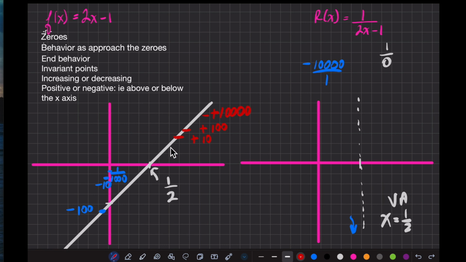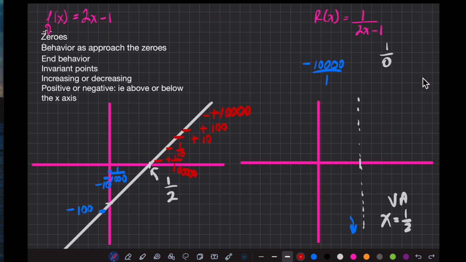So eventually we're going to get into fractions. Here it's going to be positive 1/10. Here, very, very close to 0, we're going to be at positive 1 over a huge number, 10,000. So as we approach x equals 1/2 from the right on the original graph, we're approaching 1 over 10,000 positive.